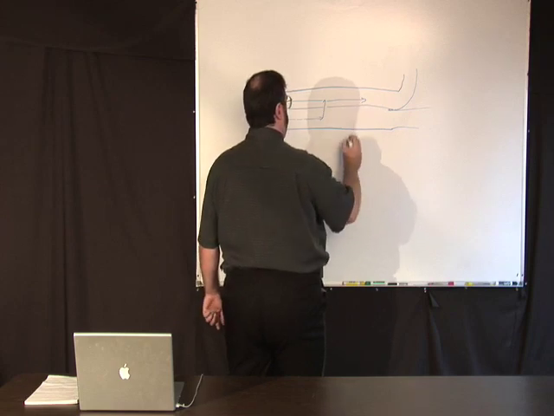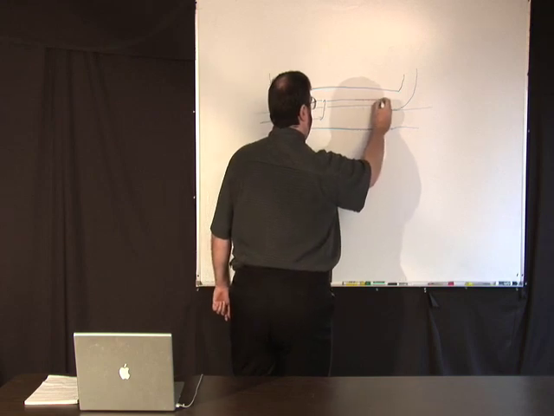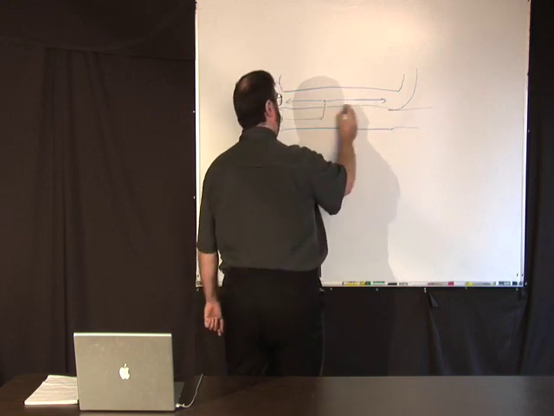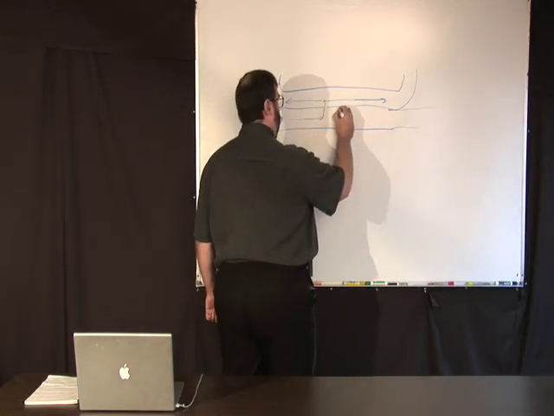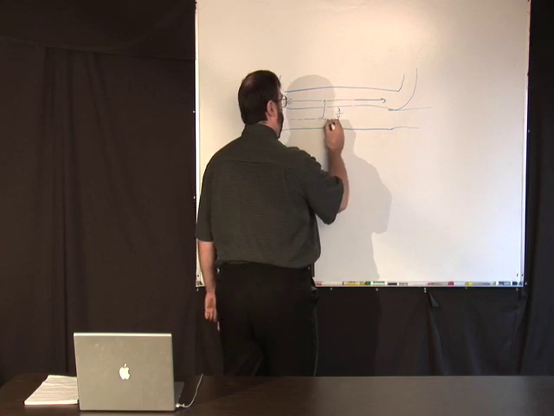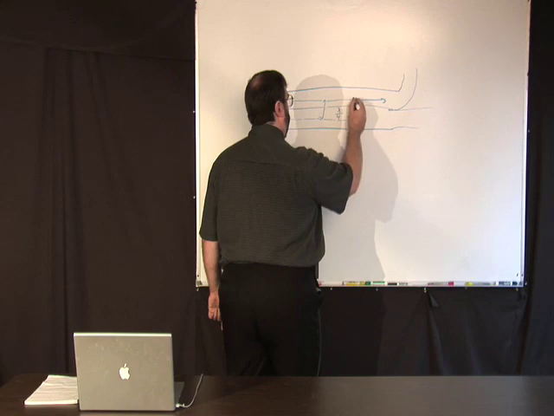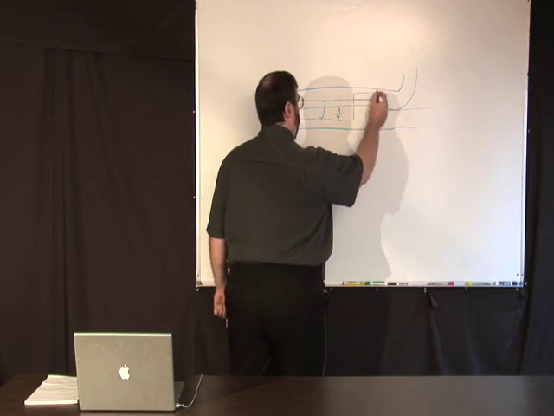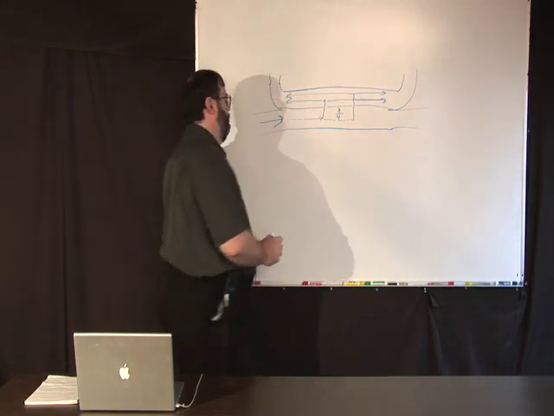And let's say that the distance between here and here is lambda over 4. Okay, so we got something that comes up here, and some of it goes this way, and some of it goes this way. Same thing as in this hole.